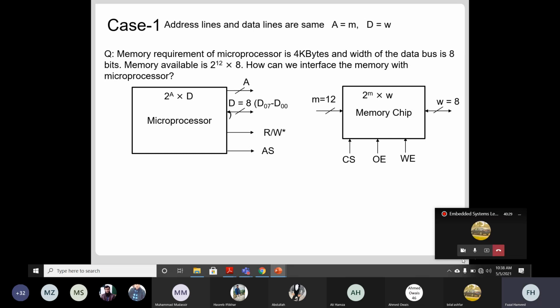So in the microprocessor view, you have A. What does A stand for? Address lines. What does D stand for? Data lines. What does M stand for?